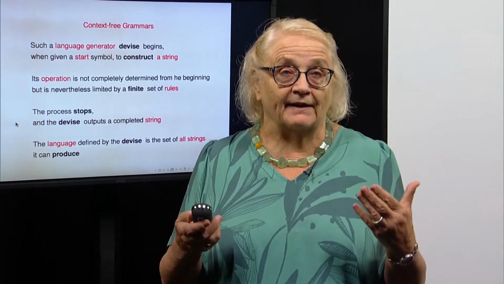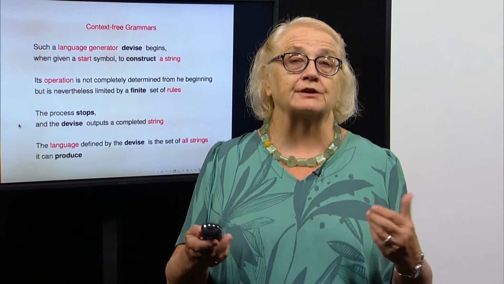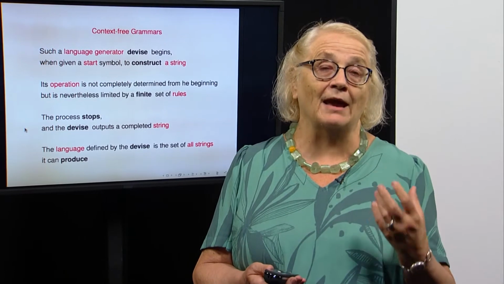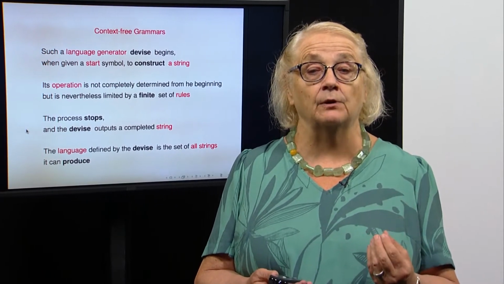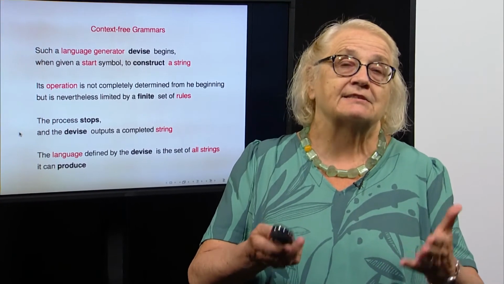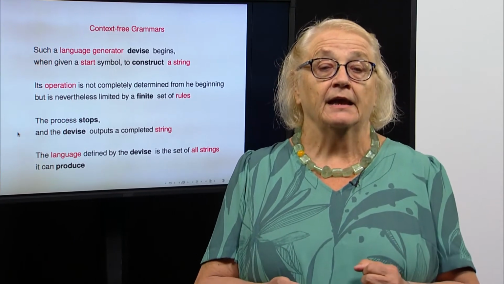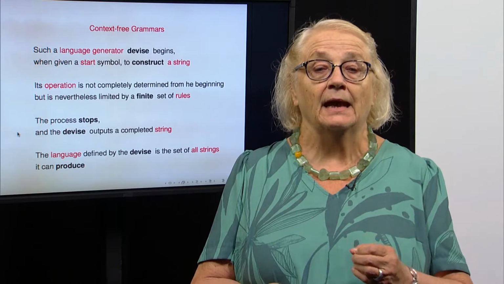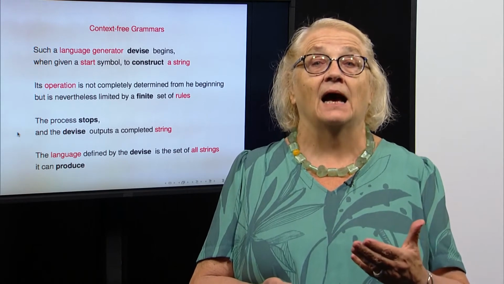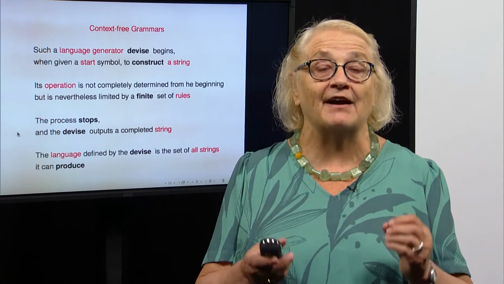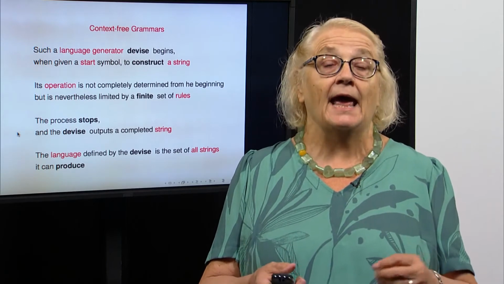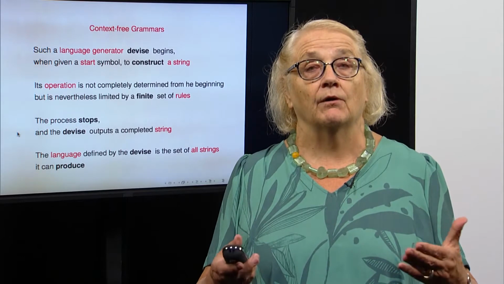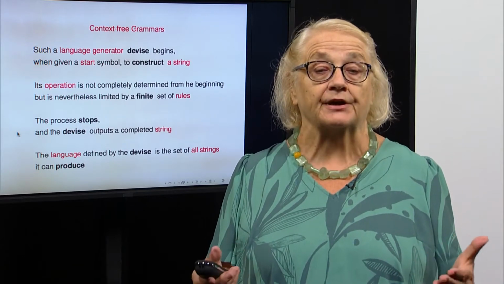Such a language-producing device begins with a given start symbol, and we need a start symbol to construct the string. Operations are not completely determined from the beginning, but nevertheless are limited to a finite set of rules, and the process stops, and the device outputs a completed string.